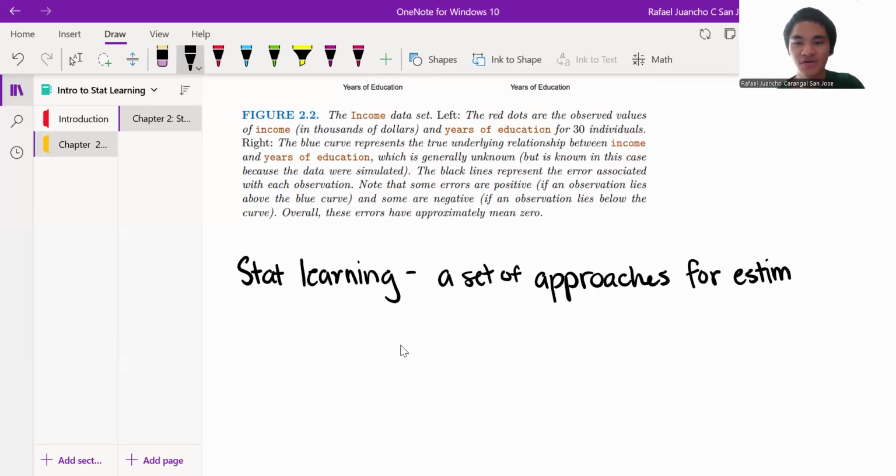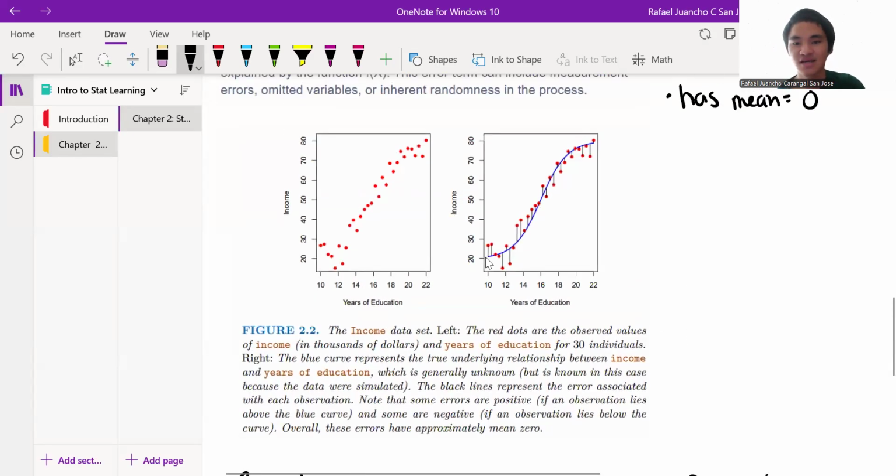Because one of the questions we might be asking is, how in the world did we fit this, right? Because we could have done something like, I don't know, we could fit like that. Or funny enough, we could even do a straight line. But why a curve like that? We could fit it like that. Why does it have to be a curve like that?